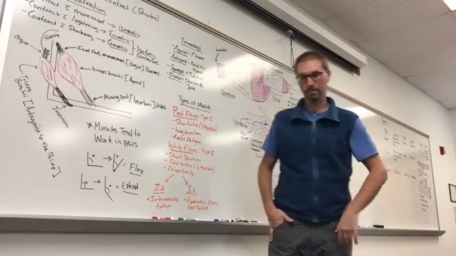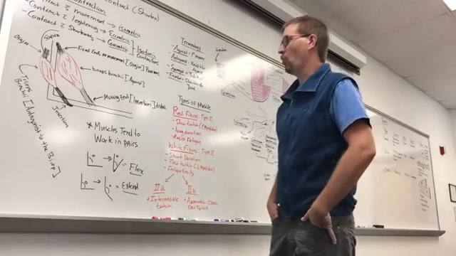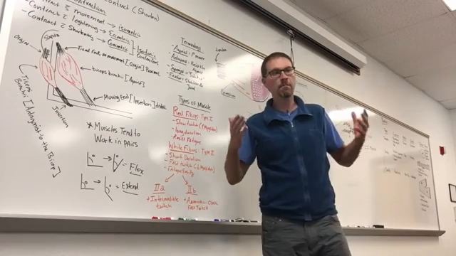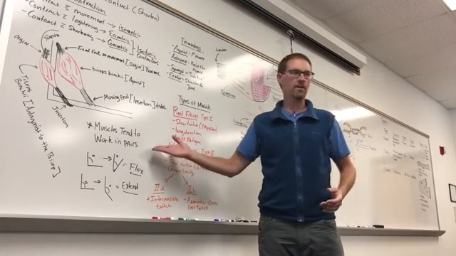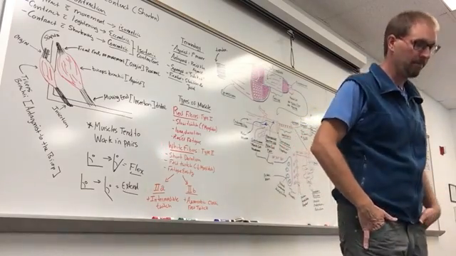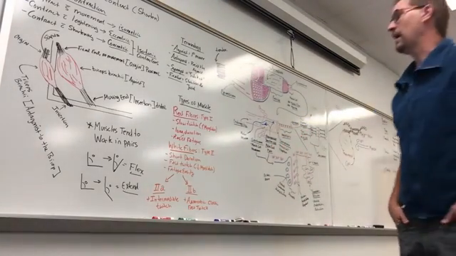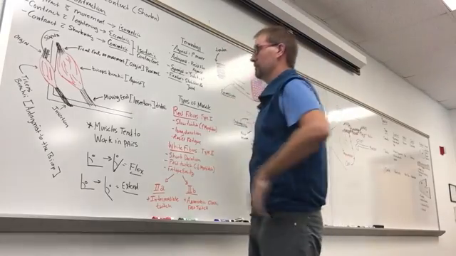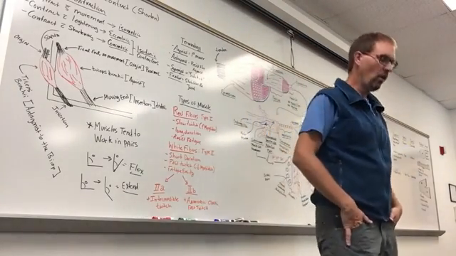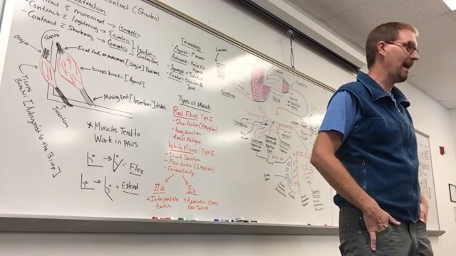All right. So how does this work? First of all, what we need to understand is that muscles tend to work in pairs. When we talk about a pair of muscles, the first thing you need to ask yourself is, what kind of movement do I want to happen?